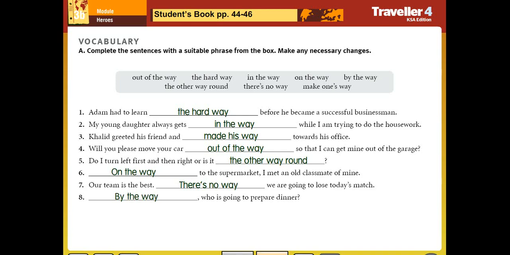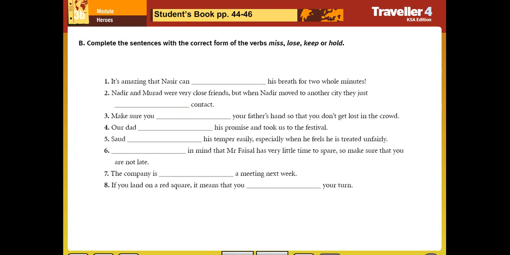Okay, let's move to the next exercise. Here we're going to find expressions which are used with miss, lose, keep, or hold. It's amazing that Nasser can his breath. Try to remember with me. Yes, it's hold.